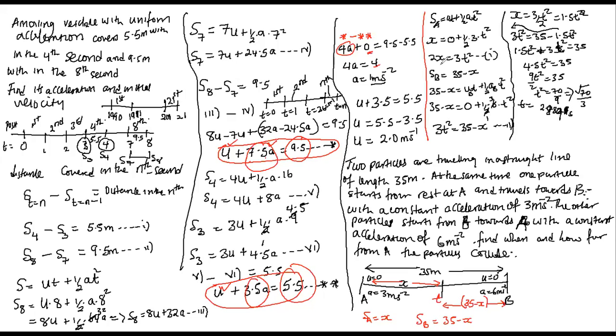Now substitute back here to get X. X is equal to 70 over 9 times 3 divided by 2. Here once, here 3.